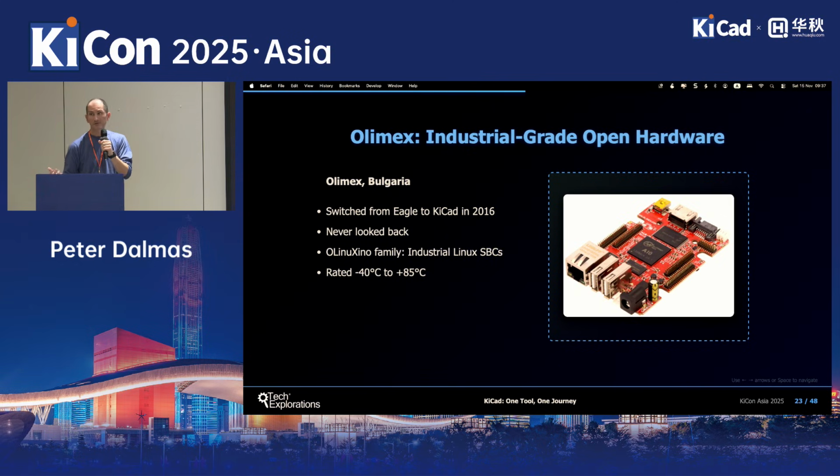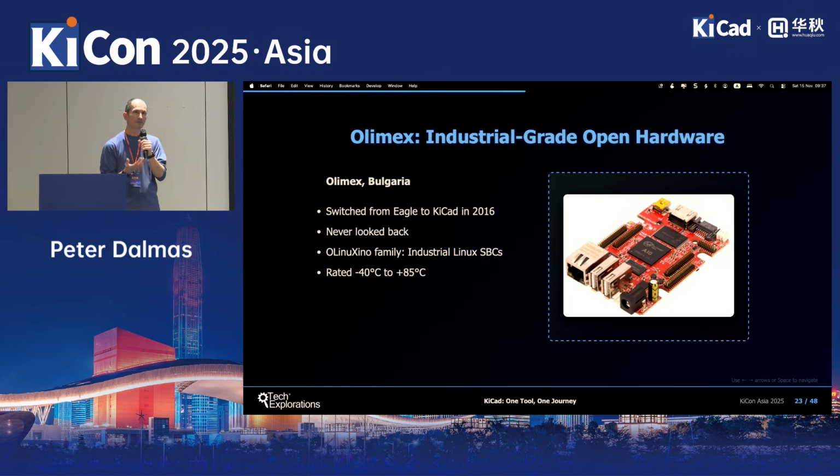They do have the money to go with a commercial license, but they went with KiCad not just because obviously it's free and open source, but also because they want to be able to share their designs with anyone. If you go to the Olimex website, you'll be able to download the designs for every single board and computer that they make. And because they're all high quality, they are used by universities and engineering departments as references for the students.